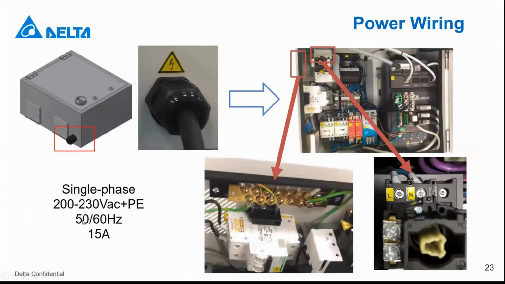And we support both 50 or 60 hertz AC power. And then the maximum current will be 15 amp. So if you are going to use a breaker or contactor, it's better to support up to 50 amps.